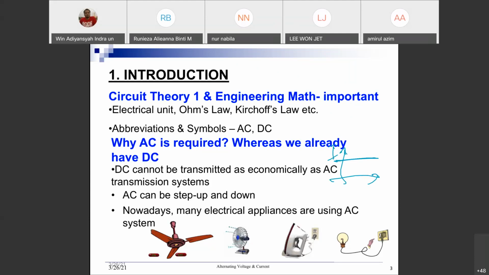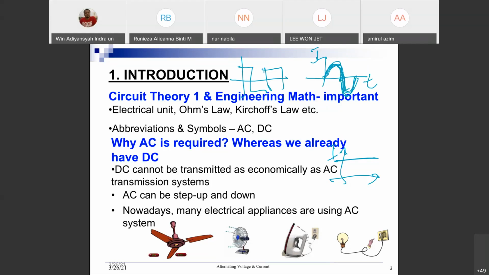But for AC, for example, this is I, this is T. So the graph will be like this. It can be sinusoidal or like this. The point is the value of I keeps changing over time: maximum, minimum, even zero here.